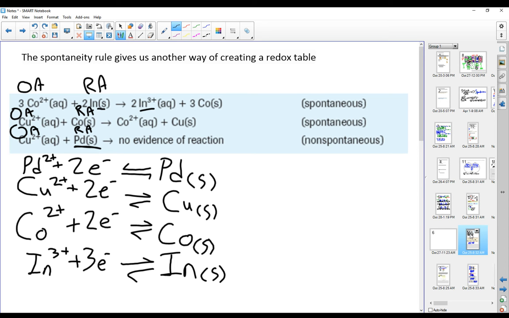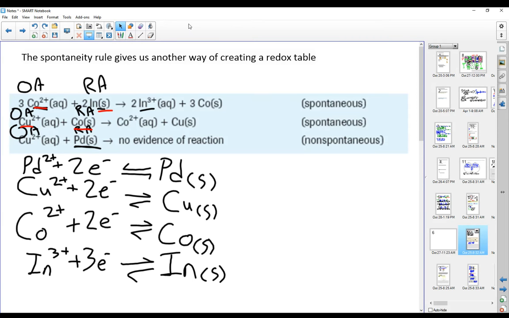Again, the reason I was able to do that and not the other way around is because Co2+ is our oxidizing agent, and Fe solid is, or sorry, I'm on the wrong one here. Co2+ is our oxidizing agent, and Co solid is our reducing agent.